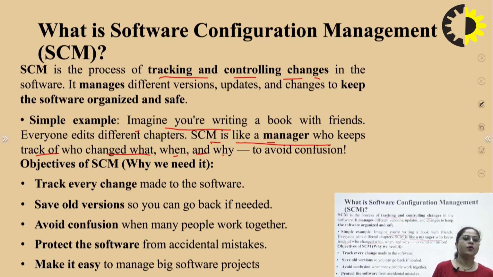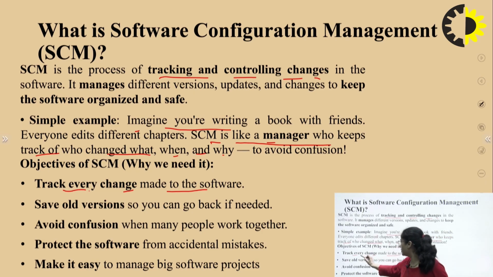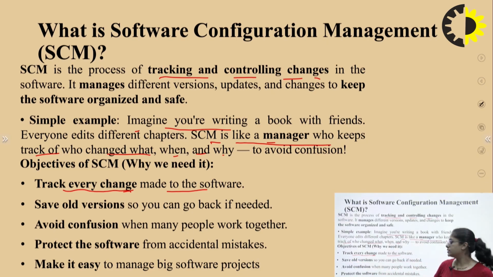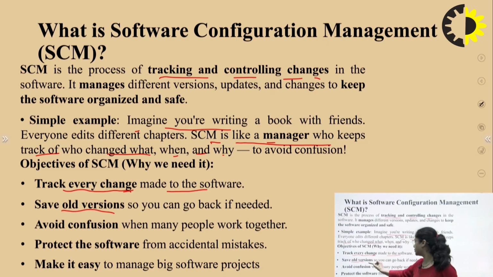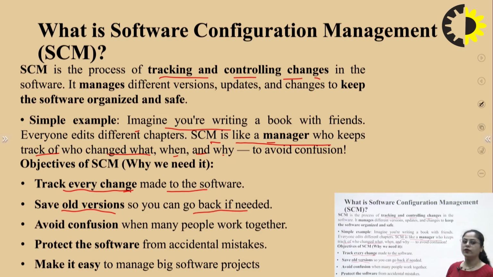Now, what are the objectives of the SCM? Why do we need it? We need SCM to track every change made to the software. What we change, it keeps track of everything. Second, it saves the old versions, so you can go back if needed.